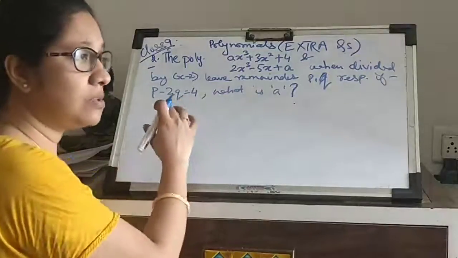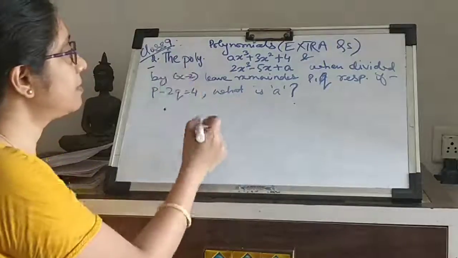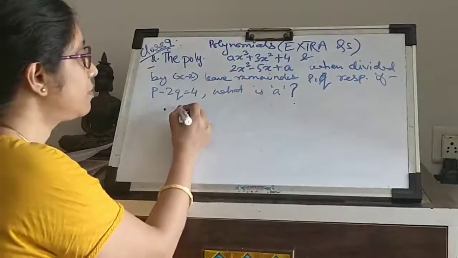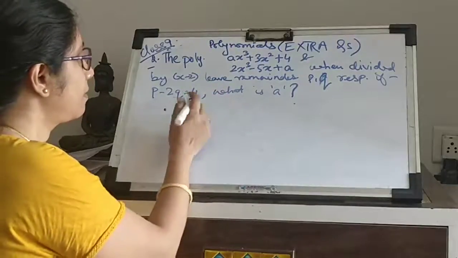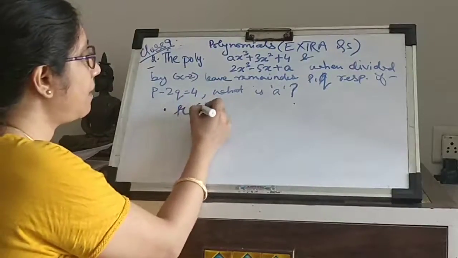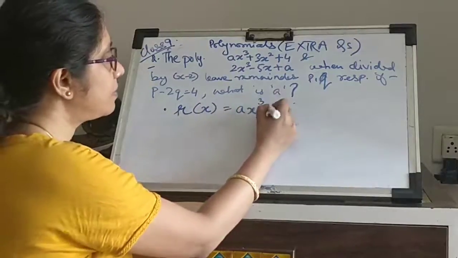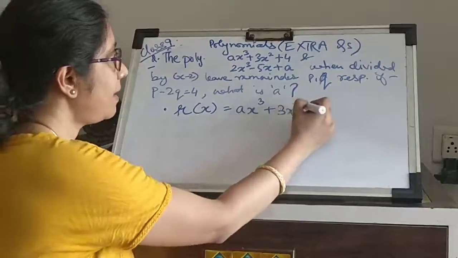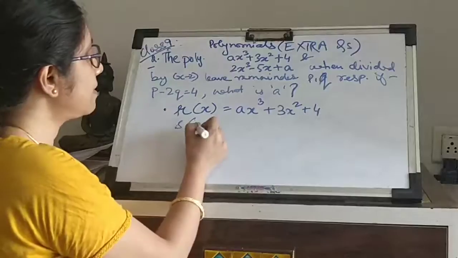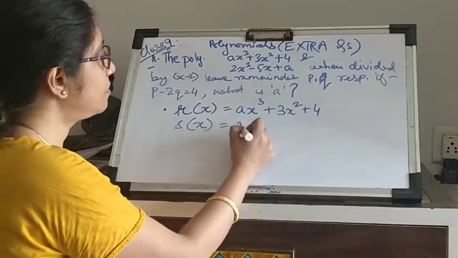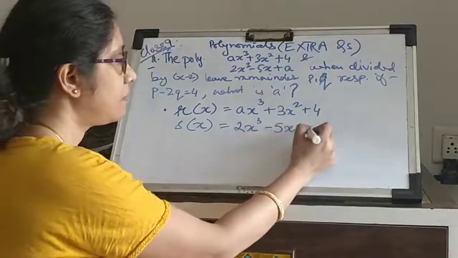So let's now list down what all is given to us. Point 1, we are given two polynomials, let's say r(x), ax cubed plus 3x squared plus 4. This is one polynomial given to me, and this is another polynomial given to me, 2x cubed minus 5x plus a.